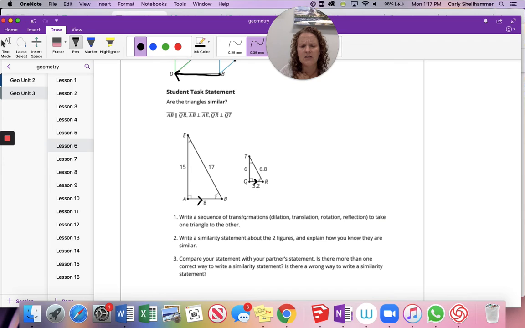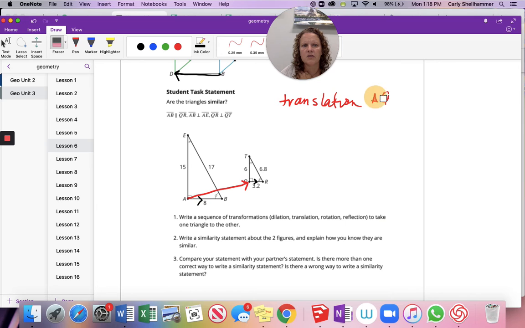I'm going to go to red. I'm going to translate triangle ABE to triangle QRT by directed line segment AQ. Let's write it in the right order.